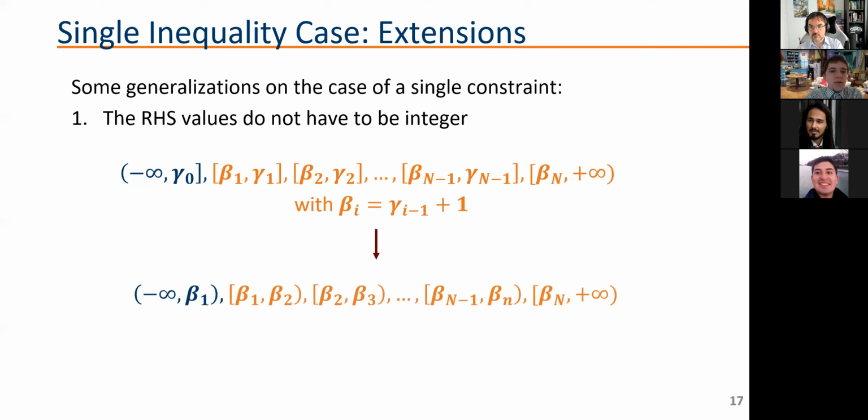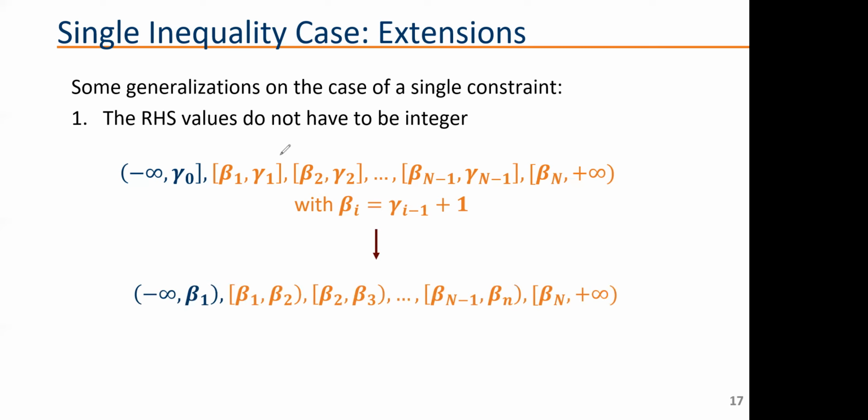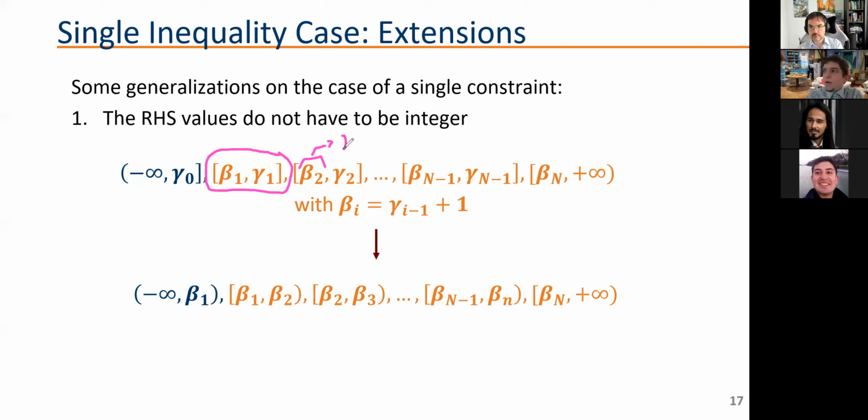If I'm telling you that from beta 1 to gamma 1, I have a certain set of feasible solutions, and if I have any integer value greater than gamma 1, I will have more feasible solutions, then I know automatically that beta 2 is going to be gamma 1 plus 1.